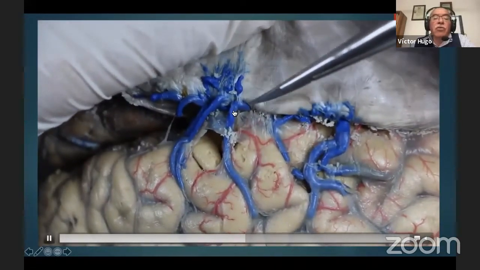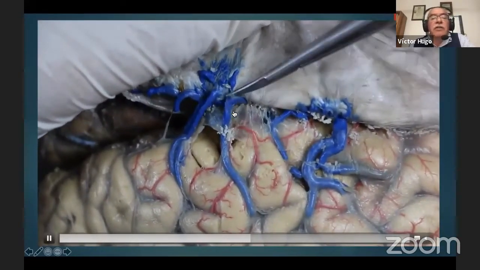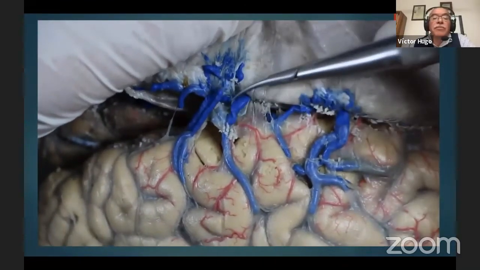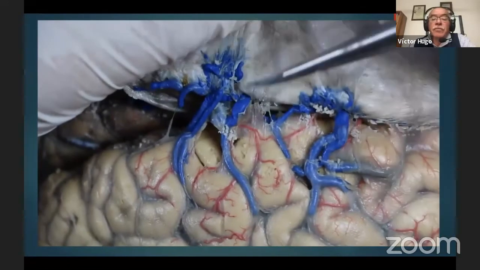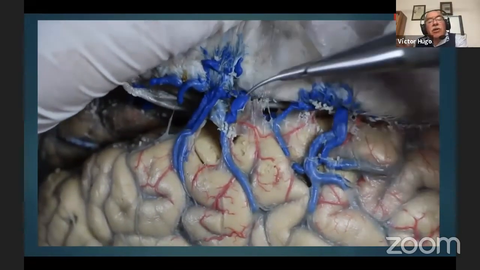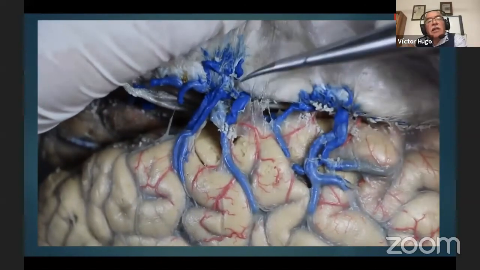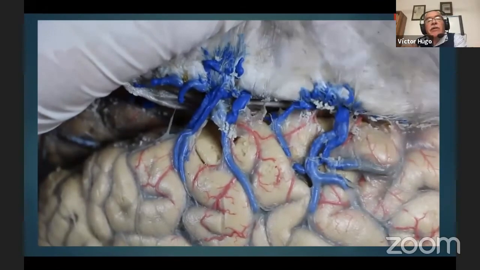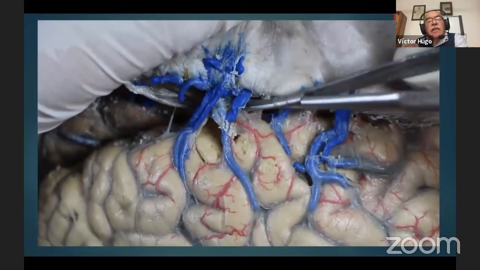These are known also as bridging veins, especially in dissection of tumors like meningiomas in the superior sagittal sinus.